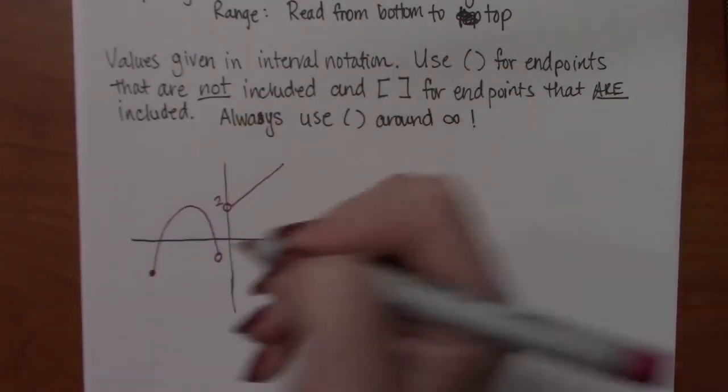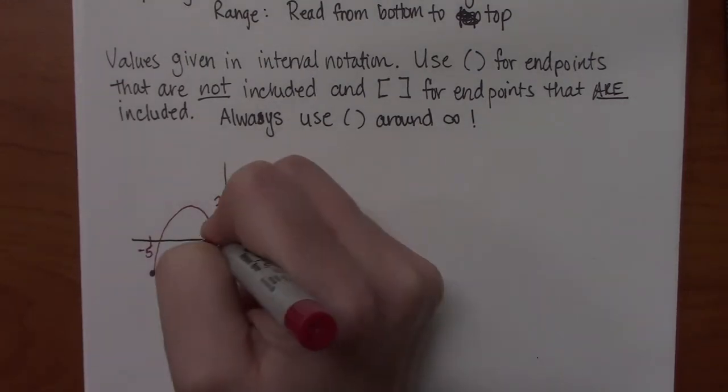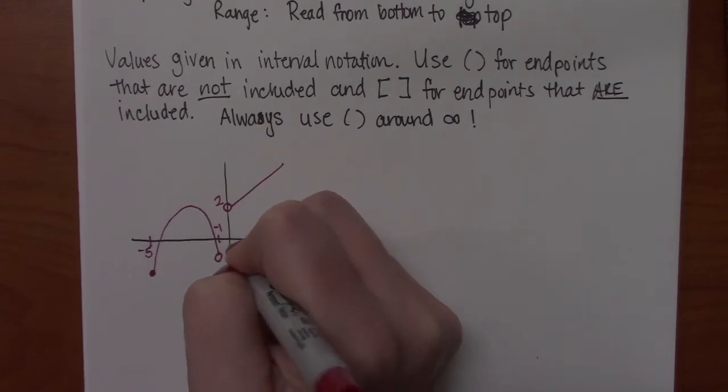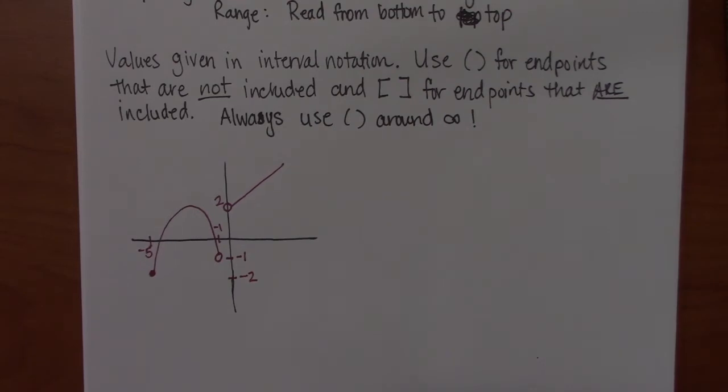And so this is at 2. This is -5. This is -1. We'll say this is -1. This is -2. What do the open circles mean? I'm about to explain it. So I just want you to know those are open and closed.